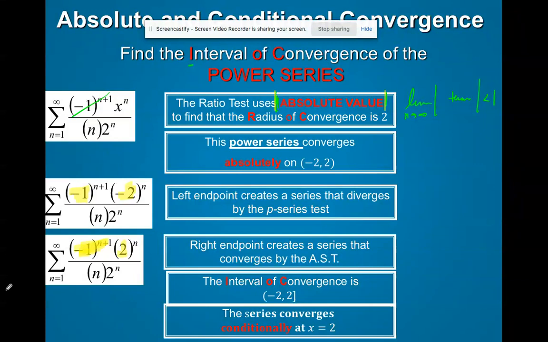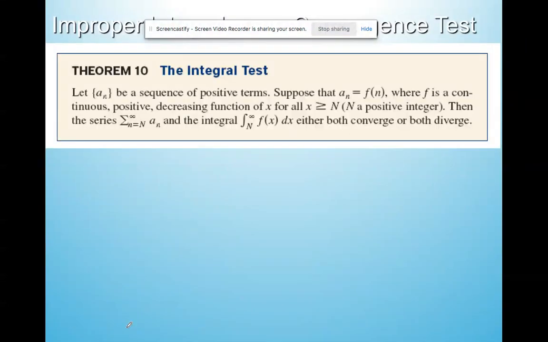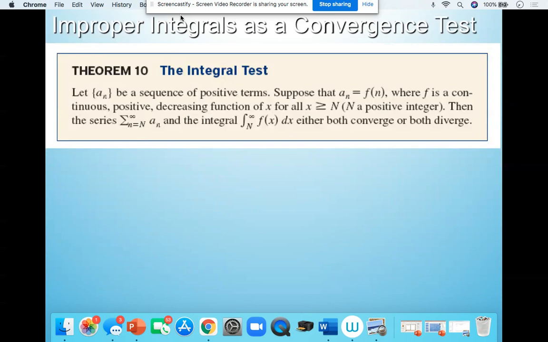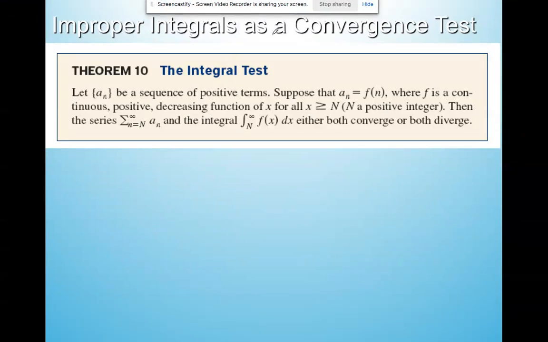All right, we'll do another example of that in our next live session, but now we're going to move on to the second objective. And the second objective is just to give you another test for convergence for numeric series.